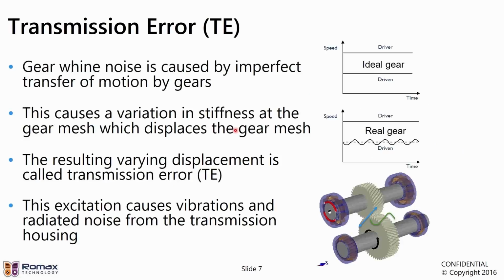So the ultimate source of gear whine is transmission error. And what do we mean by transmission error? As I mentioned just now, transmission error is caused by imperfect transfer of motion by gears.